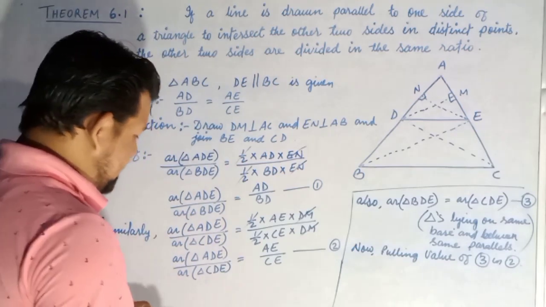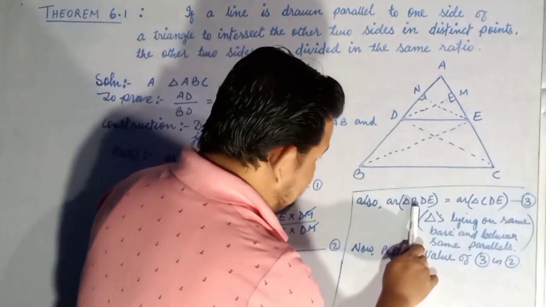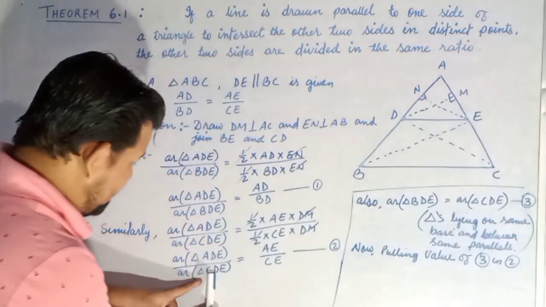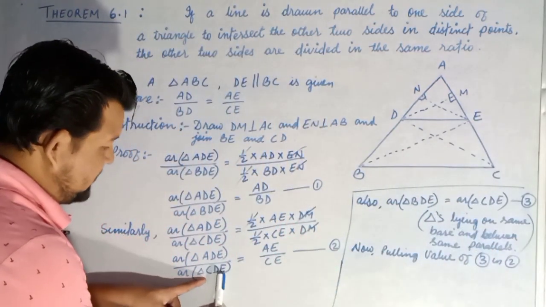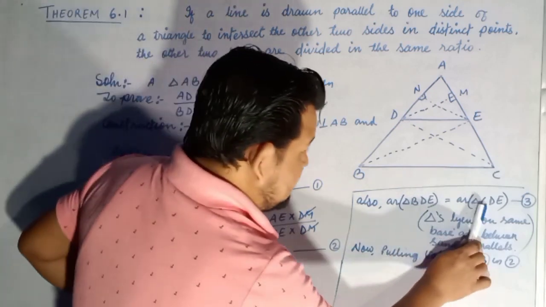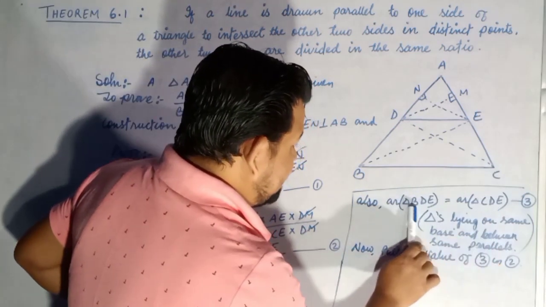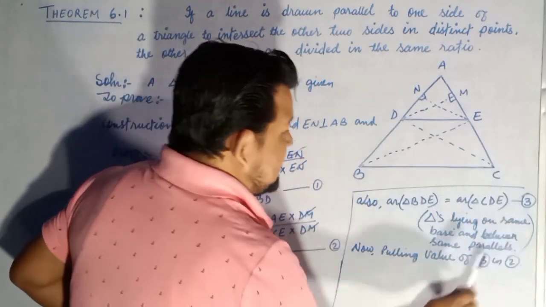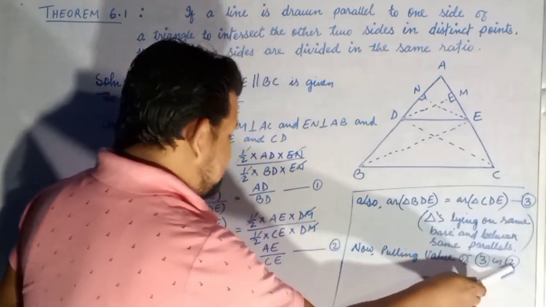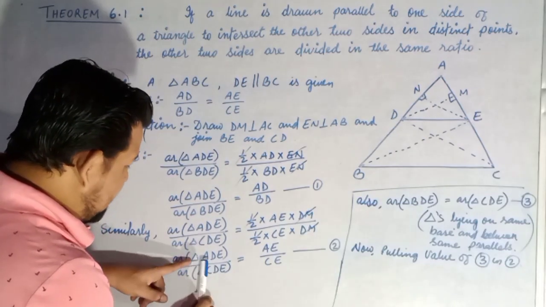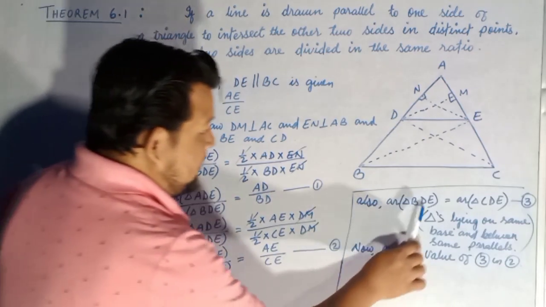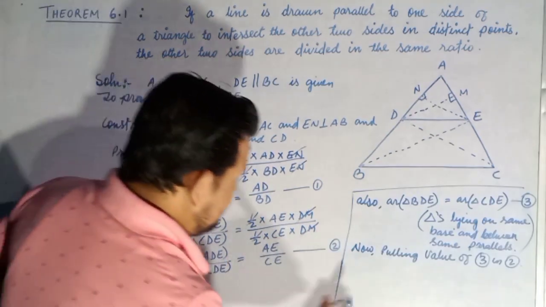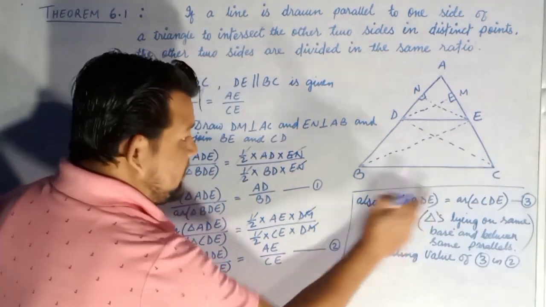Here we know the area of triangle BDE is equal to the area of triangle CDE. In place of CDE I can write BDE, because BDE and CDE are equal in equation number 3.